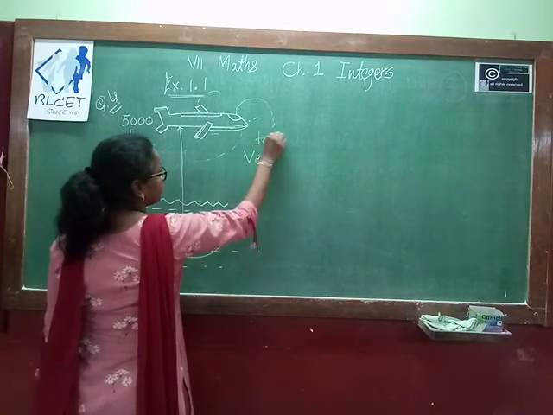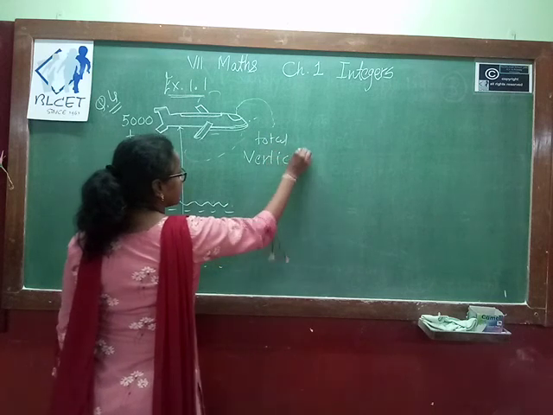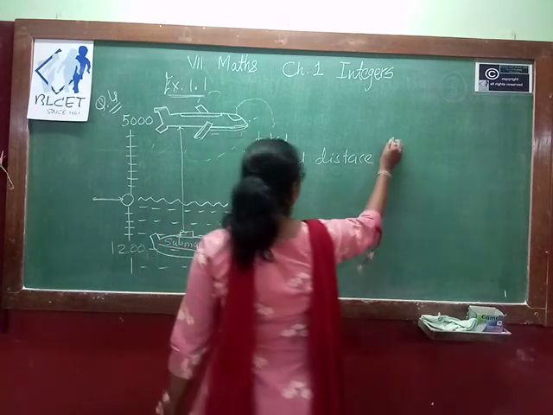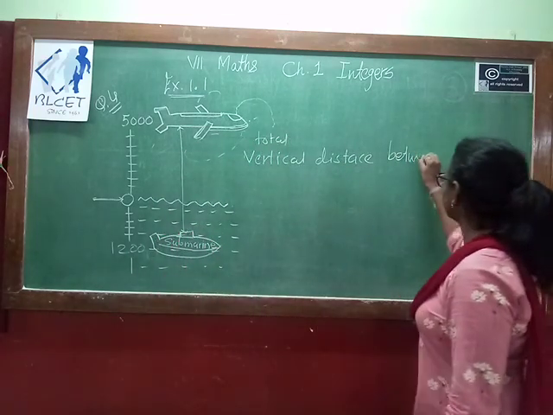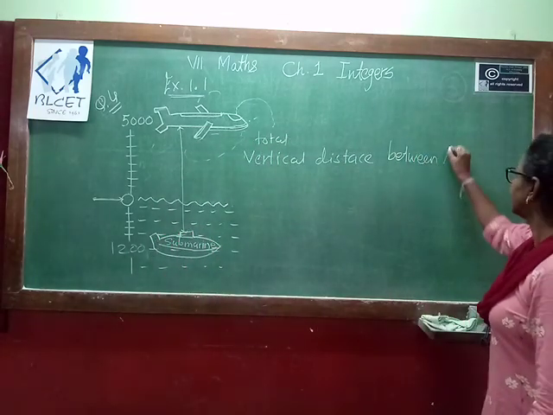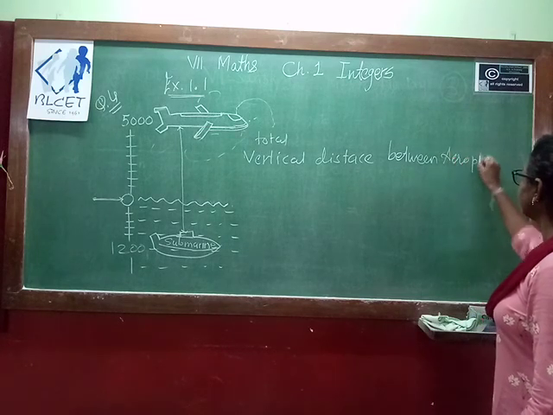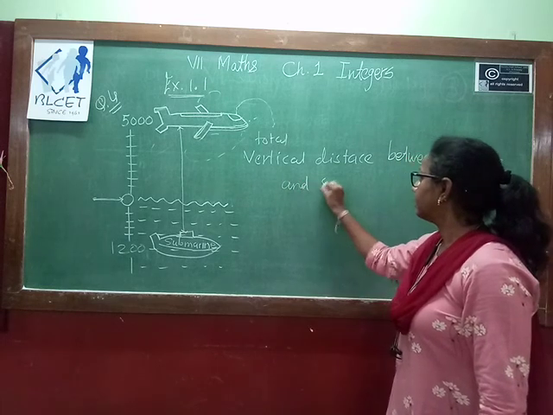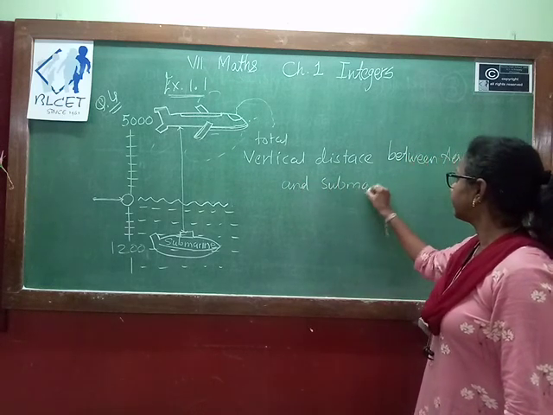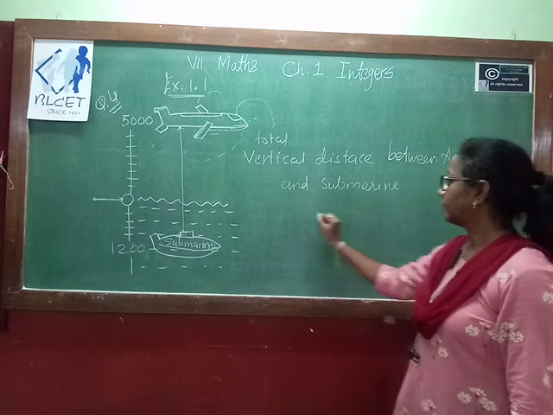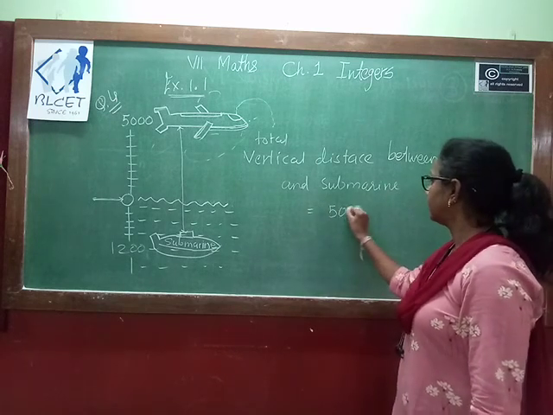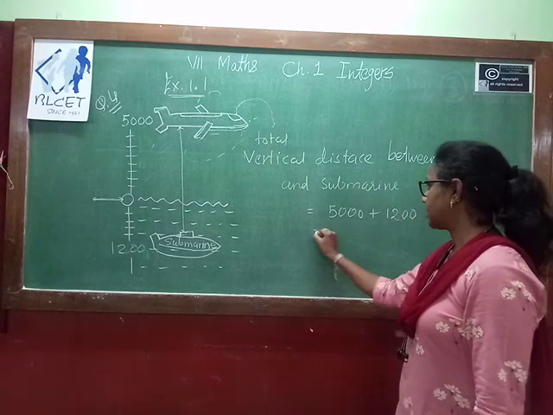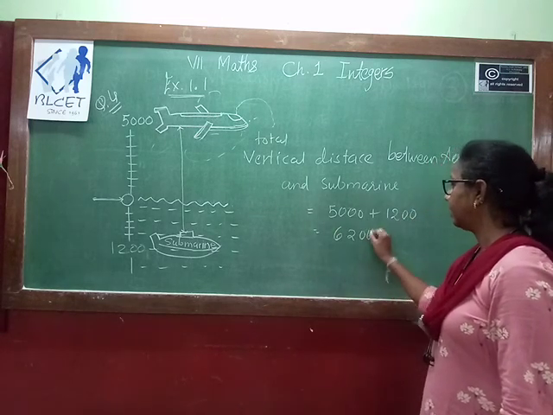Total vertical distance between aeroplane and submarine, which is equal to 5000 plus 1200, which is equal to 6200 meter.